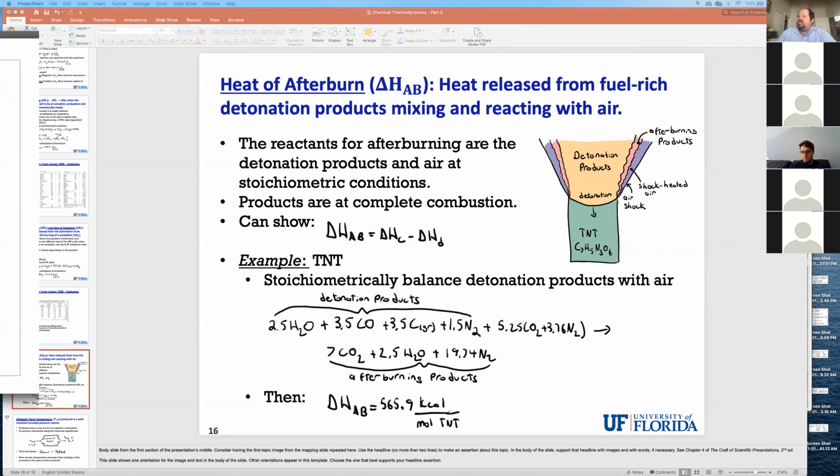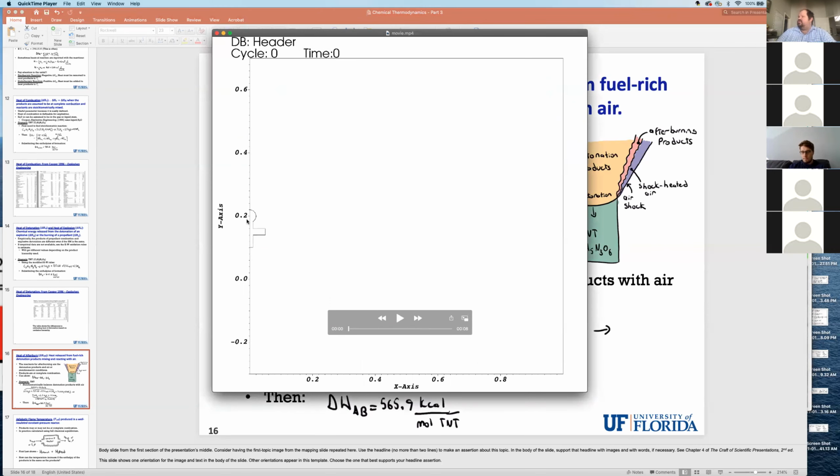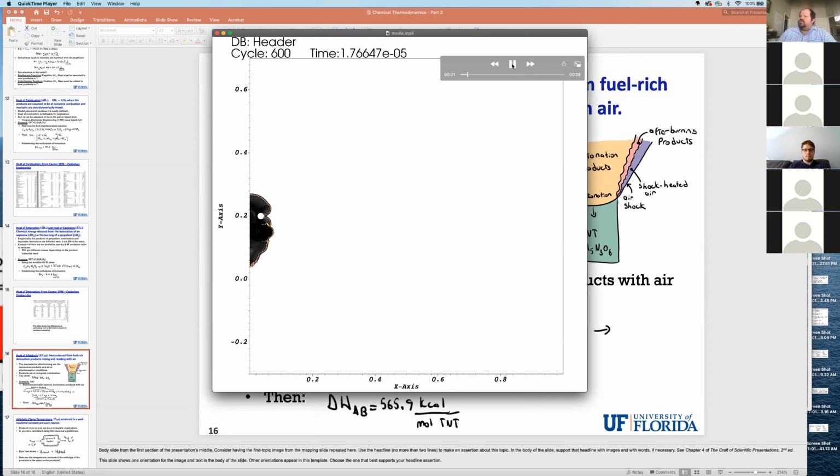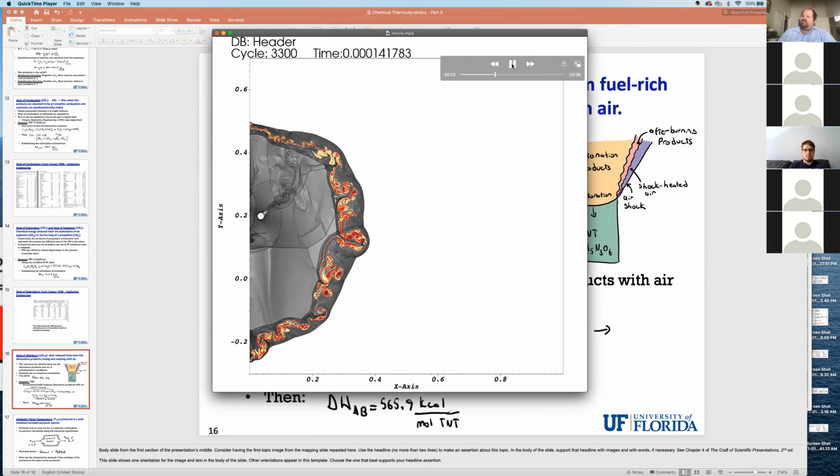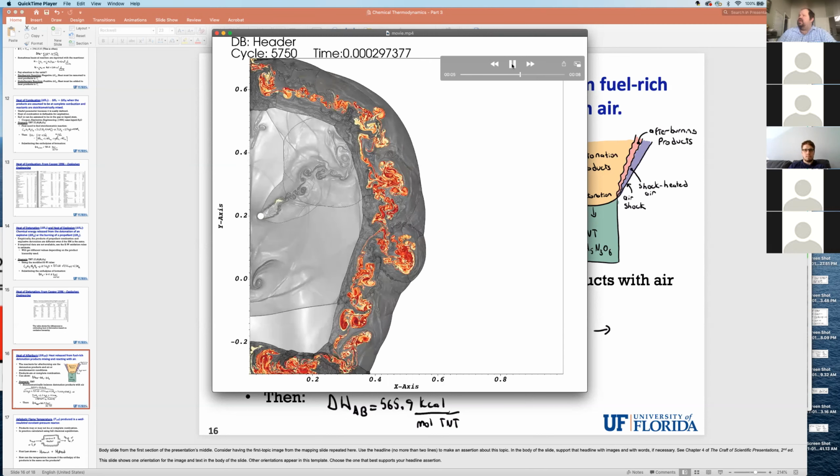If you want to see afterburning, this is just a little test we've been doing with our code. Here we have a goofy shaped TNT charge. The only thing I want you to see from this movie, aside from it looking kind of neat, is the flame, which will be in orange after I detonate it. So we have the detonation propagating out.